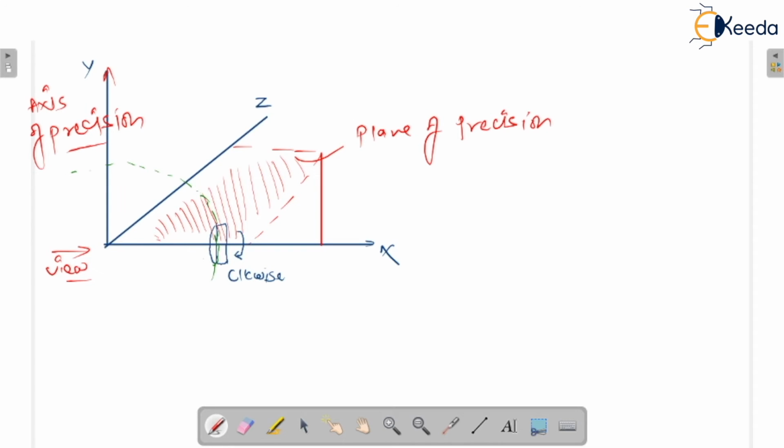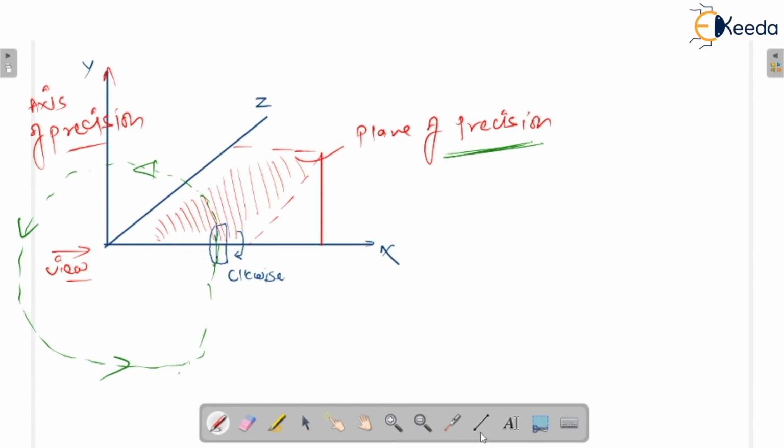So that's why it is a plane of precession, denoted as xz, and the axis of precession, about which it is going to be rotated, is y. Y is the axis of precession. If I simply draw this, it would be like that, about the point O.